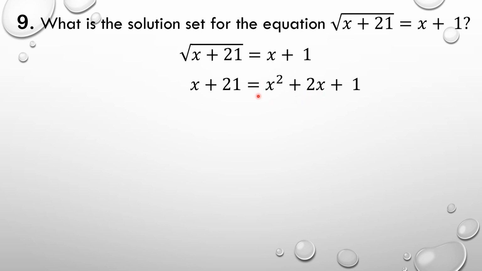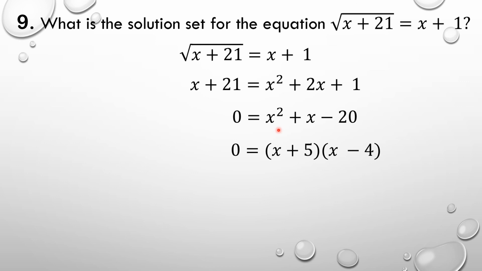This is a quadratic equation, so let us equate this to 0, such that we will have x squared plus x, this is from 2x minus x, minus 20, that is from 1 minus 21. We will get the roots of this quadratic equation by factoring. So the factors of x squared plus x minus 20 is x plus 5 times x minus 4.